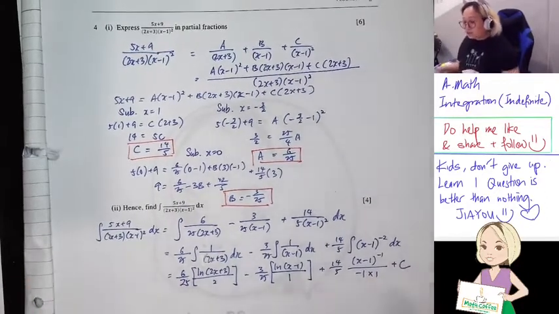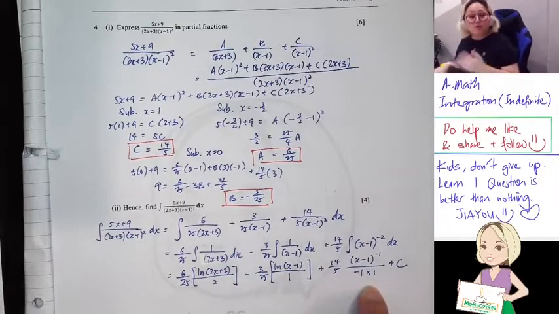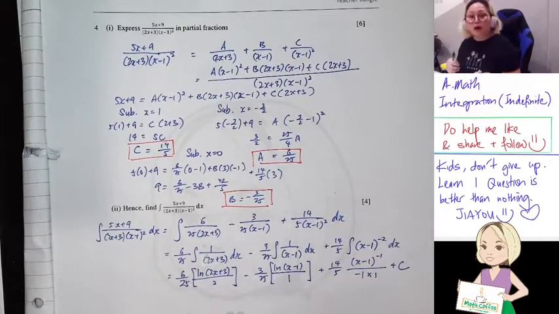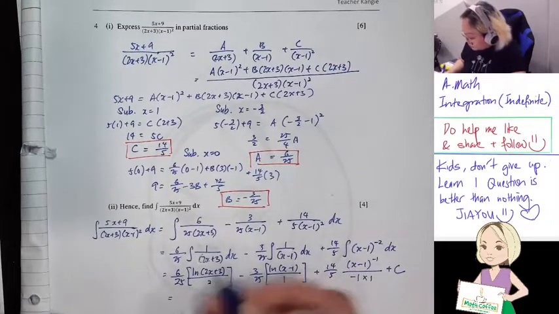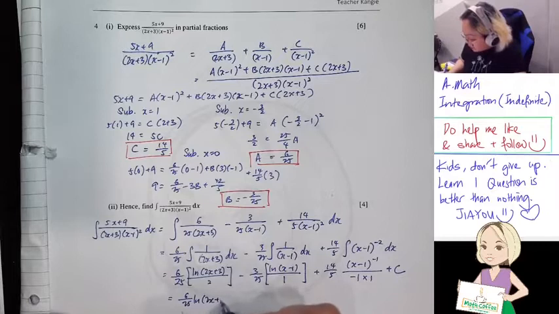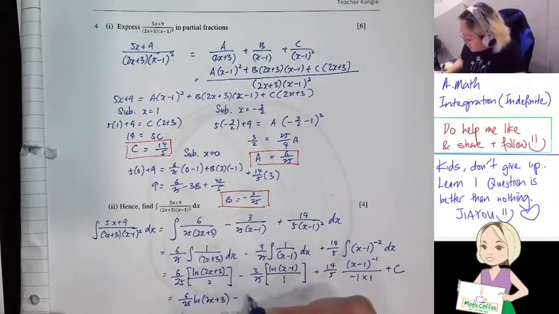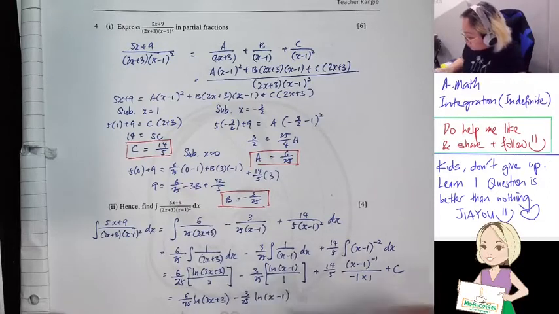If the power is not negative 1, then you will integrate it as per normal, power plus 1 over new power. When your power is negative 1, then it will be ln. So let's simplify. This one will be 6 over 25 ln(2x plus 3) minus 3 over 25 ln(x minus 1).